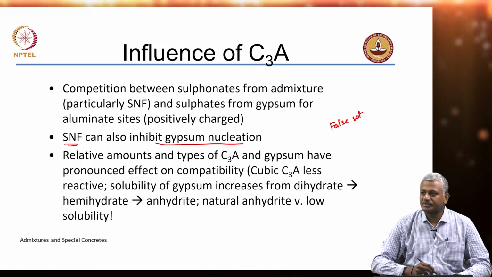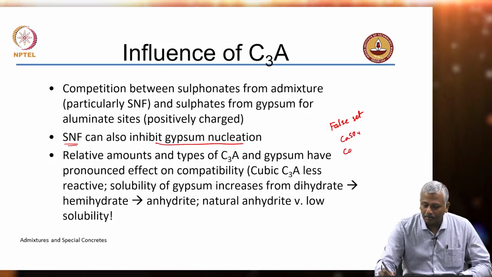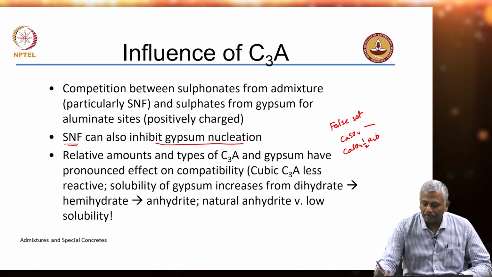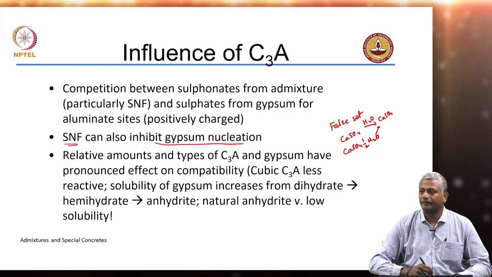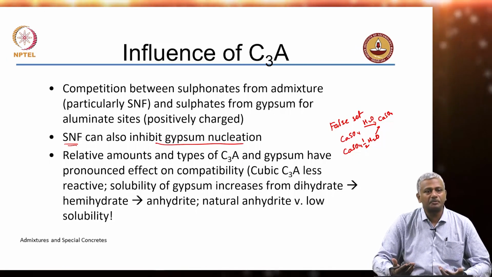Now why is this false set happening? It is happening because if there are other forms of gypsum, right, when they immediately come in contact with water, they convert back to gypsum, okay. When you use gypsum boards, how are gypsum boards prepared?